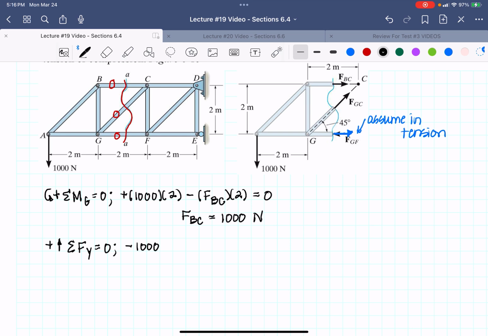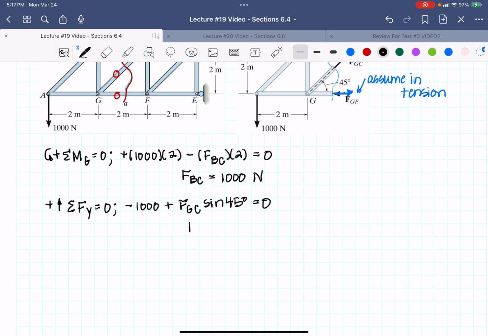And then all I'm going to have is FGC times the sine of 45 equals 0. So now I can solve for FGC. So I'm going to get that FGC equals 1414.214 newtons.